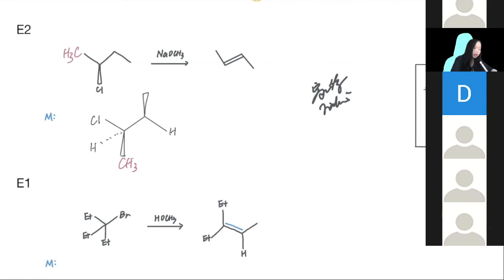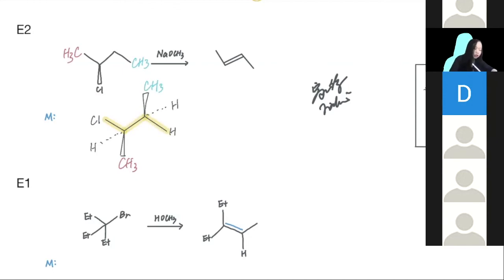Similarly, there is a dash hydrogen as well. So I'm going to highlight this one. So this CH3 is here. I rotate them into the anti-position so that you can actually see this chloro is in anti-position to this hydrogen. And that's the condition of E2.